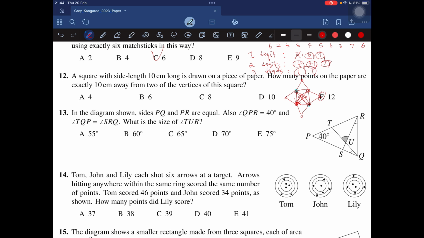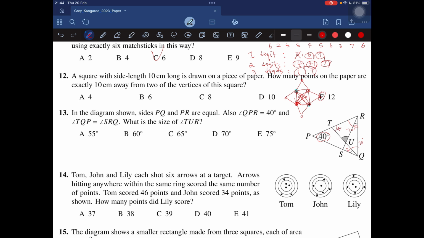PQ and PR are equal, and here is 40. So maybe here 70 and 70, like this. Let's say x, this also x.